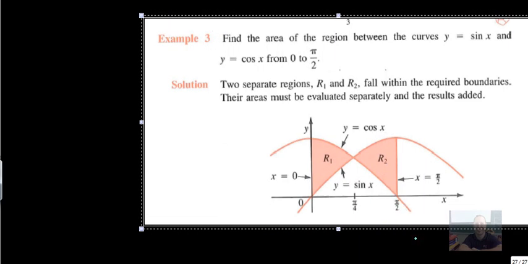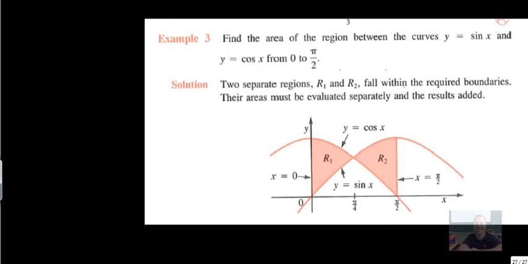Alright, so in your textbook, this is example 3, and this would be an example where you'd have to do some digging. You'd have to figure out which is the upper function, which is the lower function, and where's my intersection point. So if the question asks you to find the area between the curves y equals sine x and y equals cos x from 0 to pi over 2, you're going to have to do some digging.